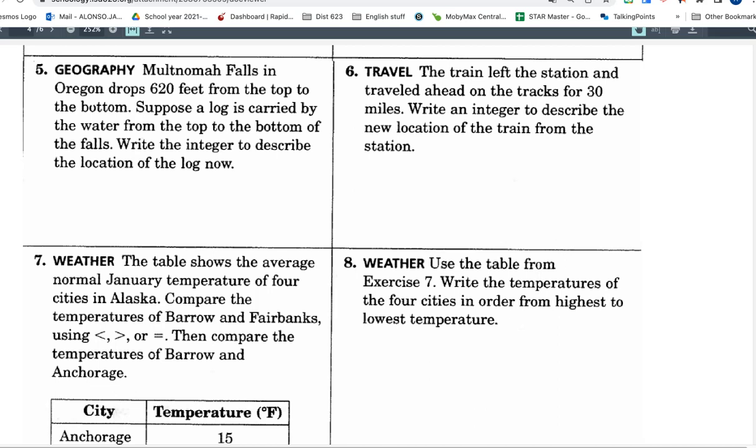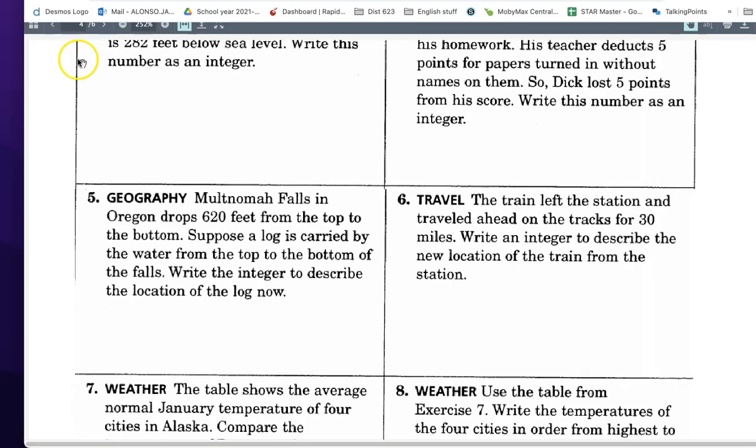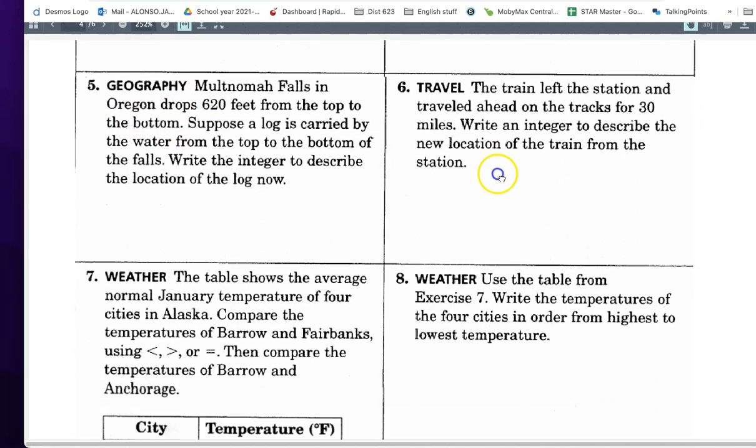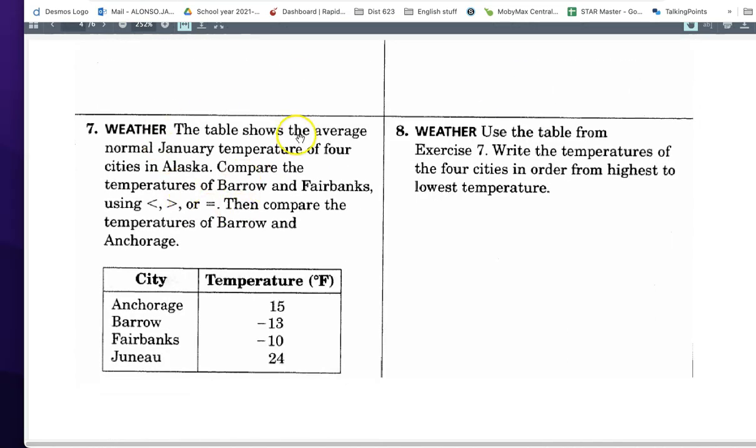Write the integer to describe the location of the log. Okay, so you know what? I decided to skip this. I know that I started reading this, but let's skip it. Let's skip that one, and that one, and even that one.